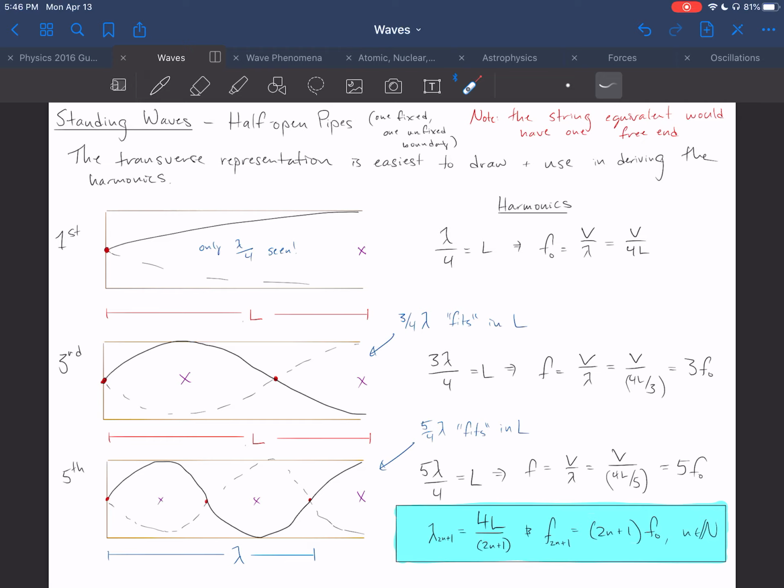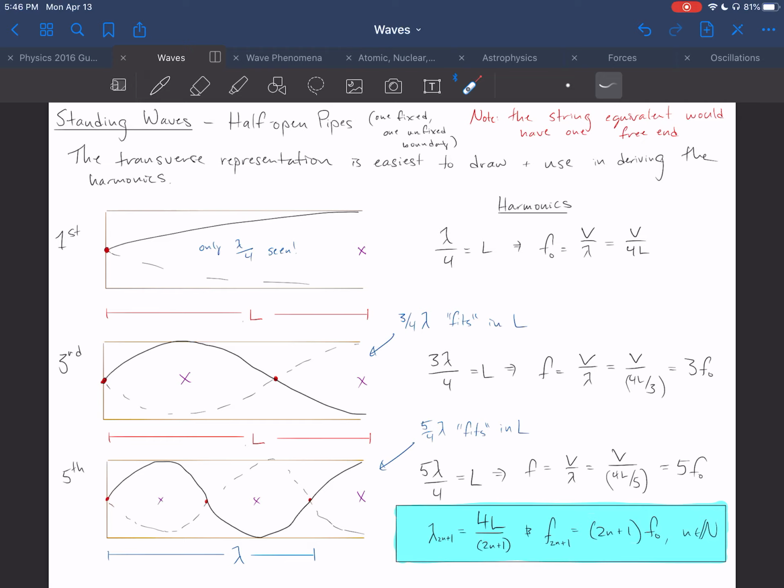You might extend this pattern forward. You might think it might extend, and you'd be right. So the next harmonic we'll call the fifth harmonic, and we would expect it to have 5 times the fundamental frequency. Let's show that that's true. So we draw our diagram. That's always the first step. Notice that our diagram has an extra antinode compared to the one above it, and an extra node compared to the one above it.